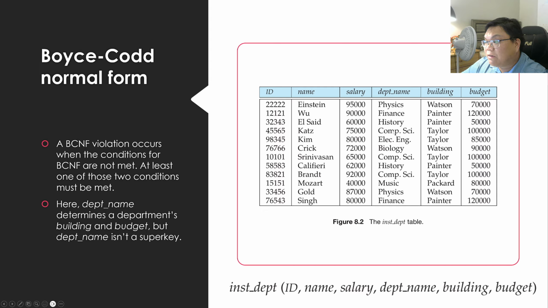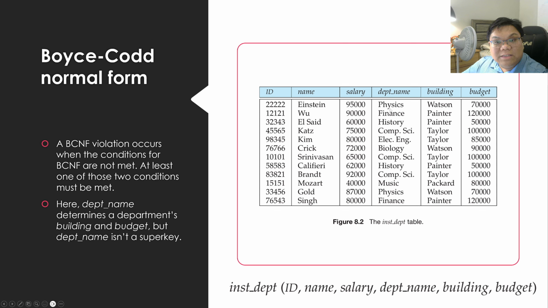Because we have repetition here, we cannot uniquely identify every row using the department name as a superkey. The ID works as a superkey, but the ID determines name and salary. We could use it to determine everything else, but we want the department name to determine building and budget.